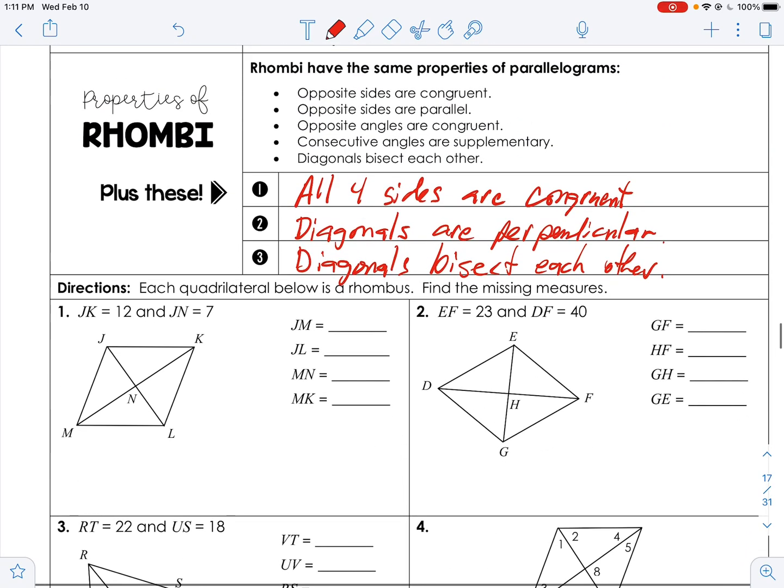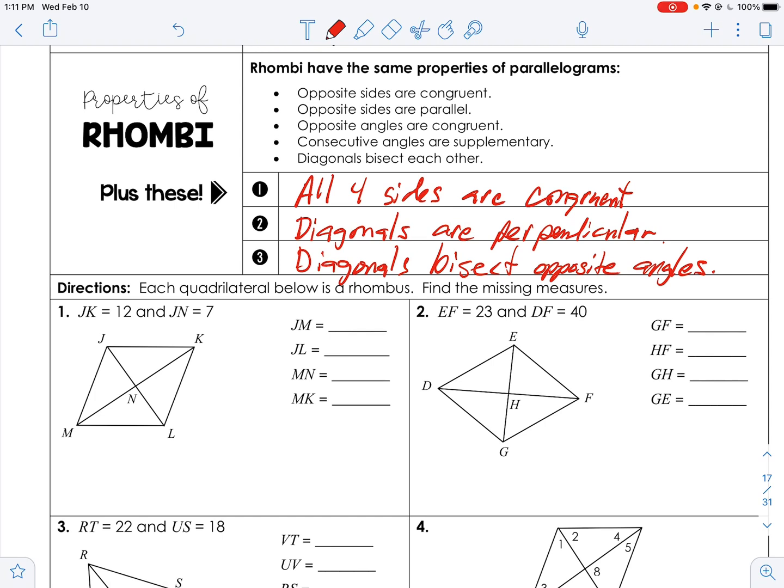So let's see how we can apply these extra rules for rhombuses. All the rules of parallelograms: opposite sides congruent, opposite sides parallel, opposite angles congruent, consecutive angles supplementary, diagonals bisect each other. Oh, here we go.